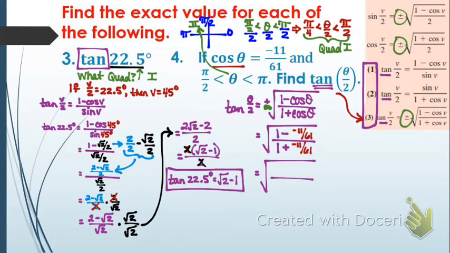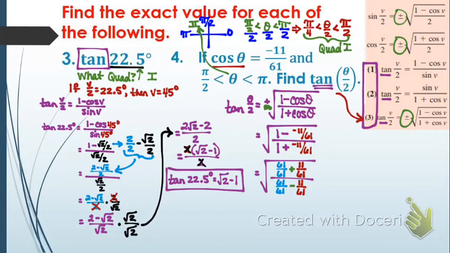So up in my numerator, I'm going to have 61 over 61. And then is this going to be a plus or a minus here? Plus 11 over 61. Down in my denominator, 61 over 61 minus 11 over 61.